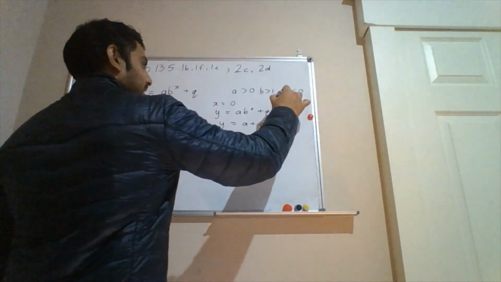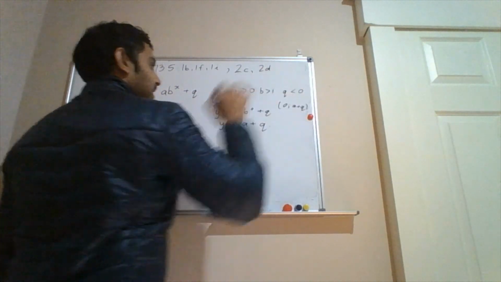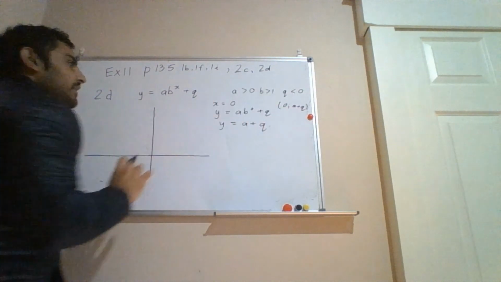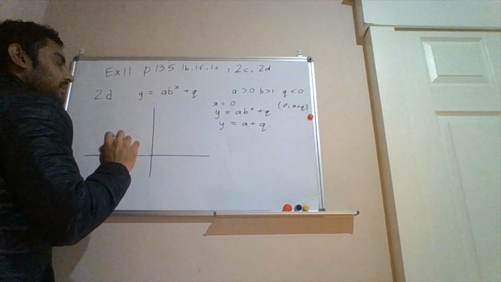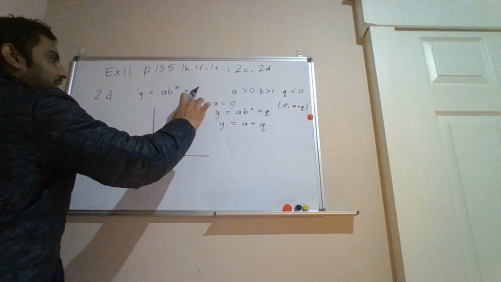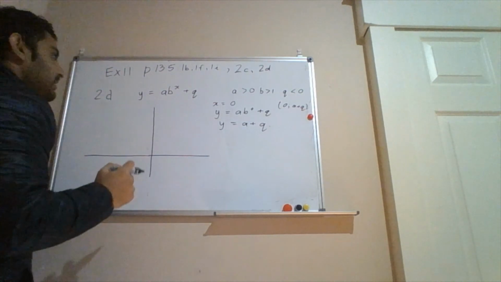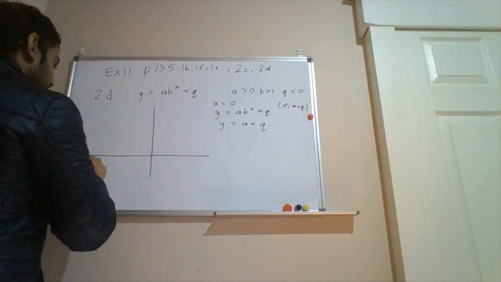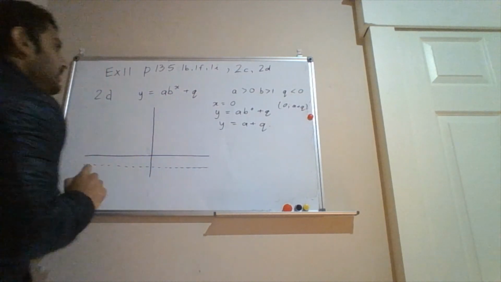So our y-intercept is 0, a plus q. And also our horizontal asymptote is given by the q, and that's less than 0. So that means our horizontal asymptote sits somewhere there.